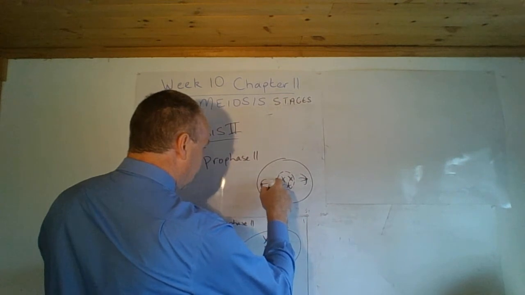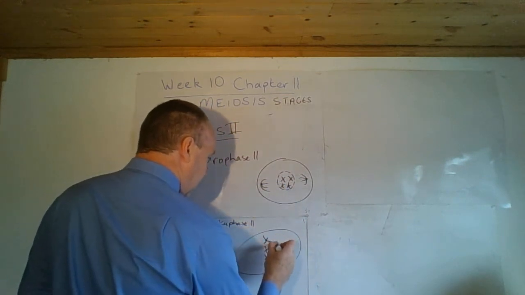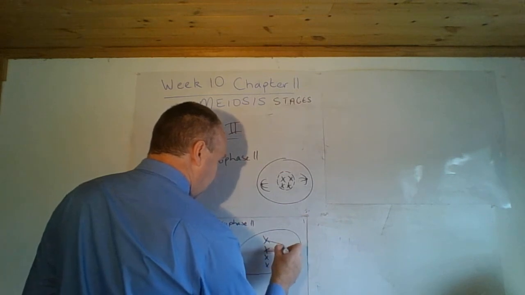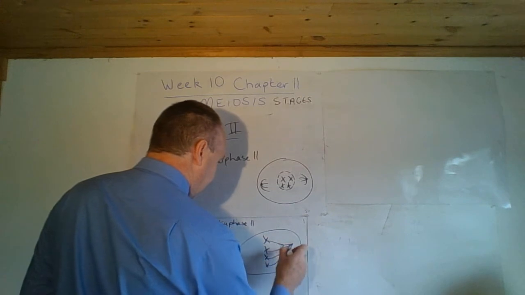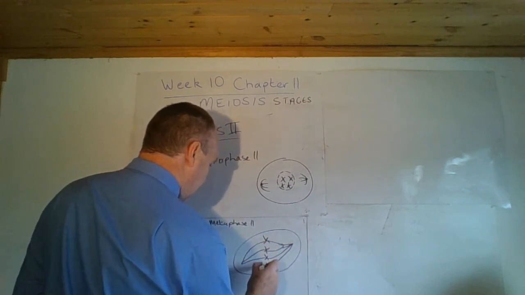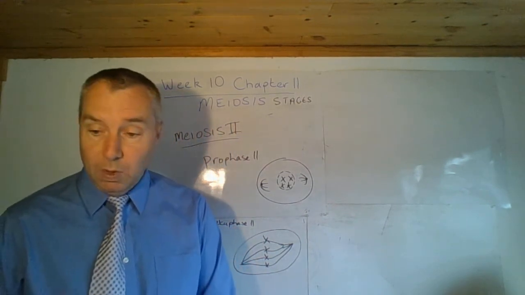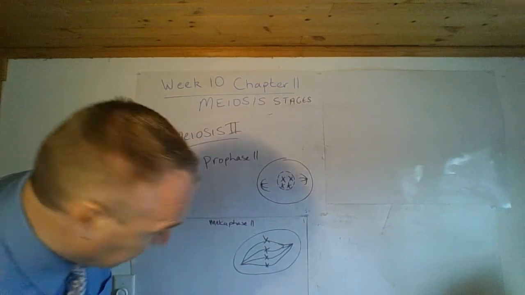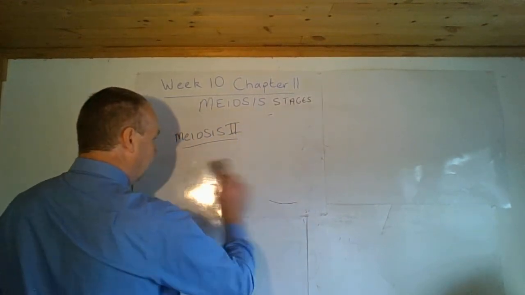It starts to come apart, and the spindle fibers this time do pull on each sister chromatid at the kinetochore, and this time in anaphase we are going to see what we'd see in mitosis. So this is going to be anaphase 2.